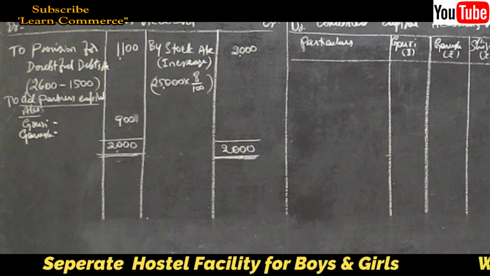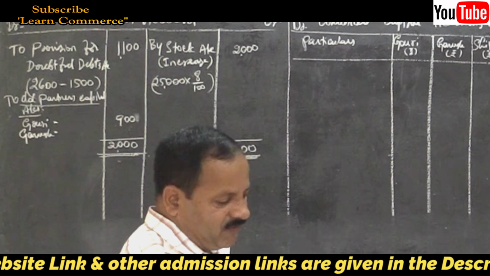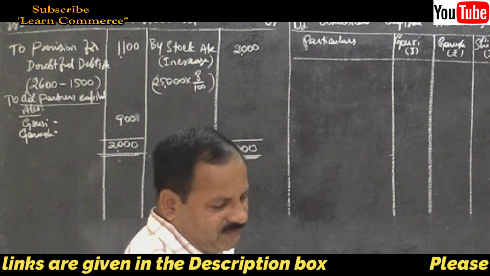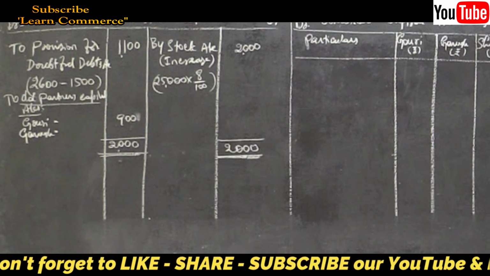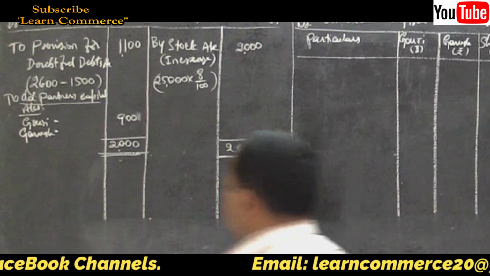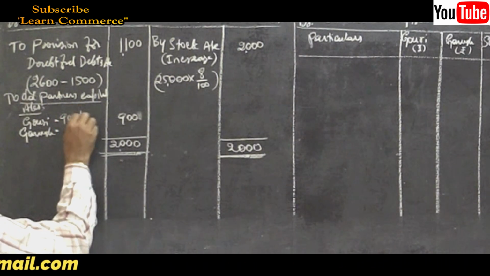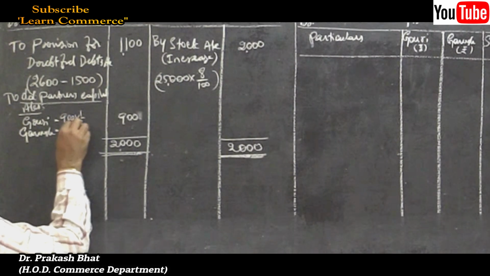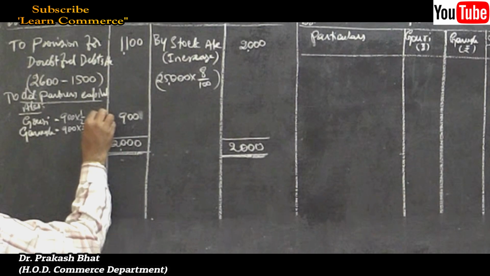How much? What was their ratio? It is mentioned in the problem: they share profits and losses equally, 1 by 2. So 900 into 1 by 2 is equal to 450.